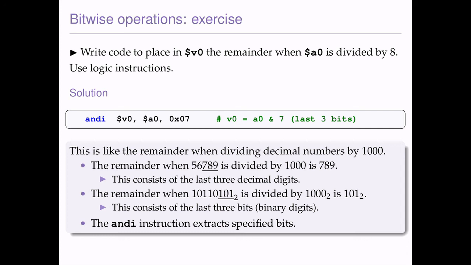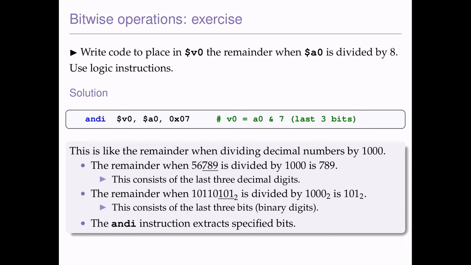In the same way, when we're doing binary, the remainder will be the first 3 bits, because we know that the 4th bit is going to be the 8. And any number that's divisible by 8 or a multiple of 8 will be able to be created by everything that follows on. So for example, the first multiple of 8 is 8. So if the bit in the 8th column is set, then it will be divisible by 8.